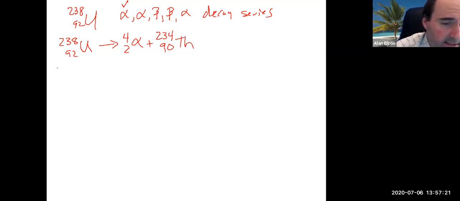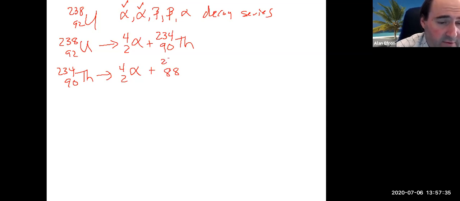Then the thorium-234 would go through an alpha decay, which means our particle would be over here. And we would end up with 88, I believe, and 230 there on top. And again, 88 is the atomic number. If I go to my periodic table, hunt it down there somewhere, Ra, looks like.